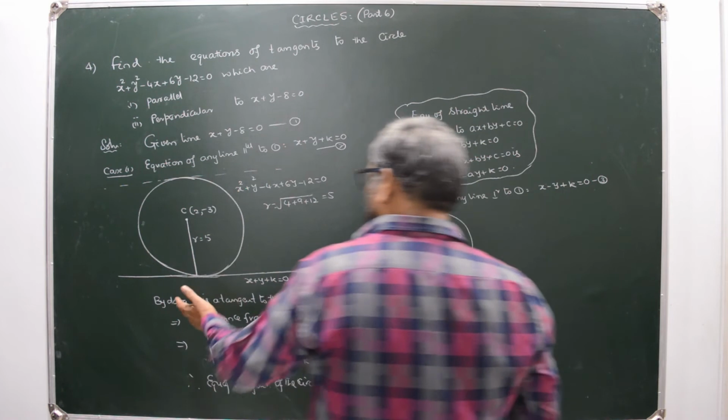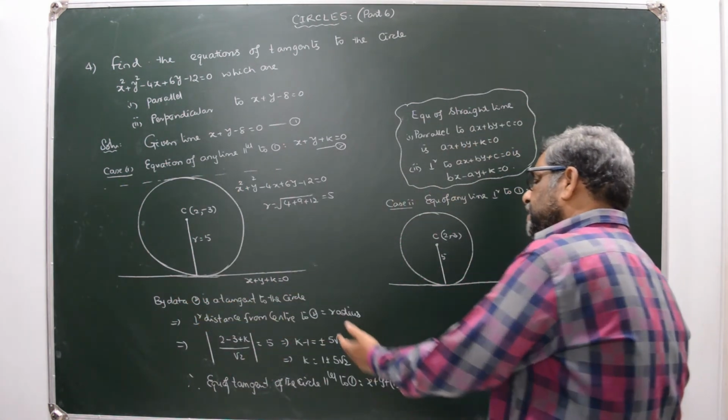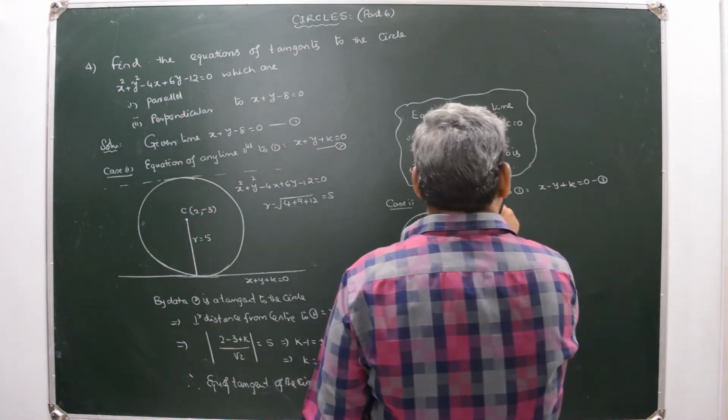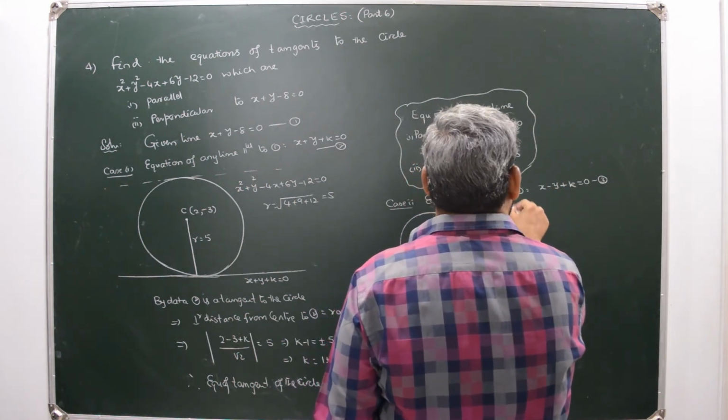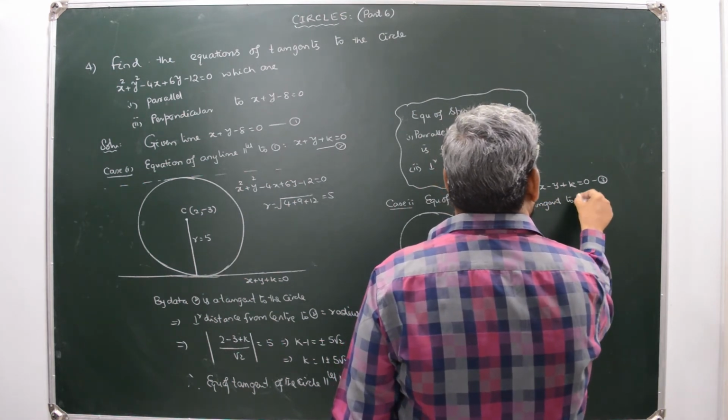As I wrote here, the perpendicular distance from the center to the line is equal to the radius, since 3 is a tangent to the circle.